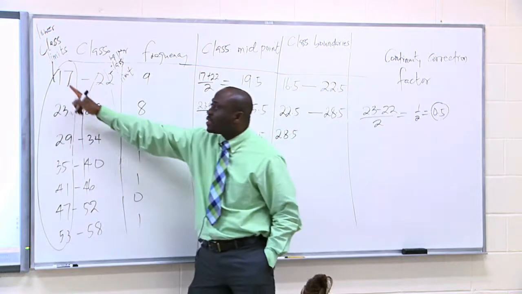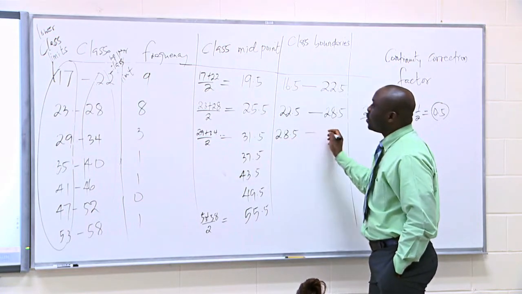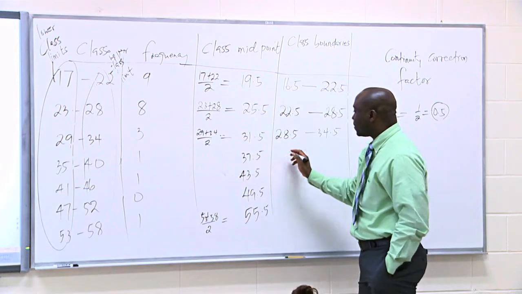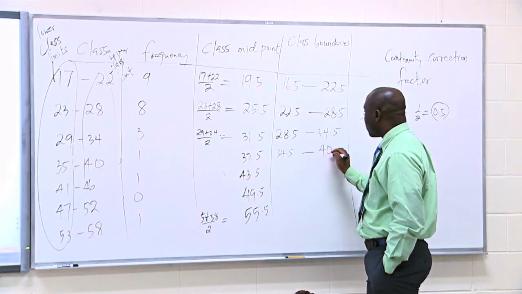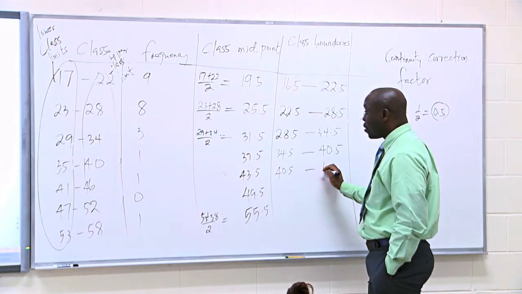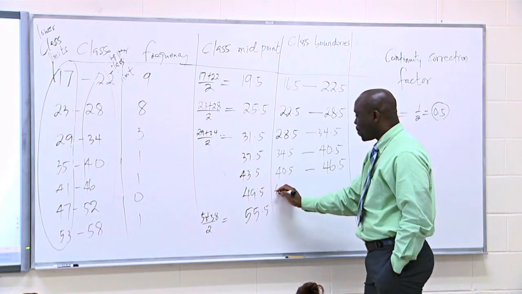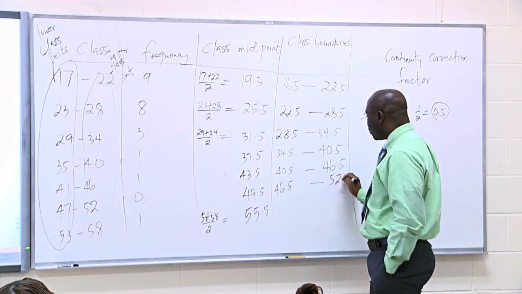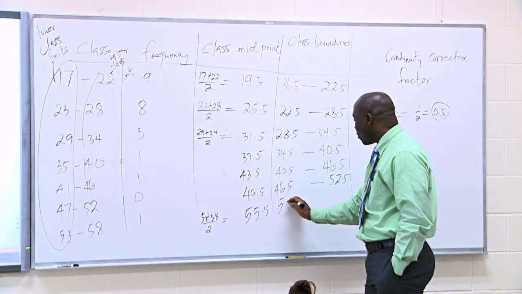Remember, you subtract from the lower and then add to the upper. 34.5. Subtract. Right? To 52.5. Any questions before I continue, because I'm going to add more?